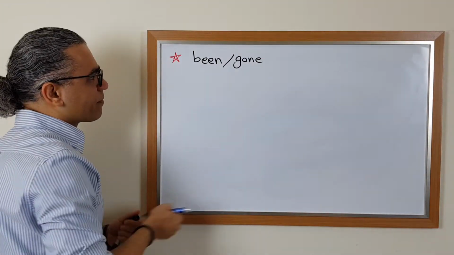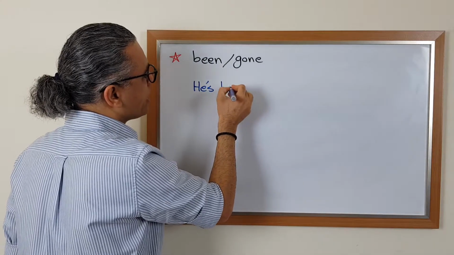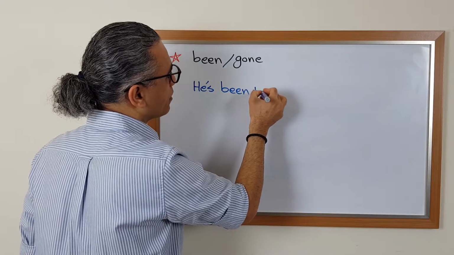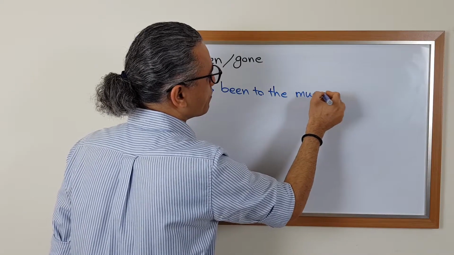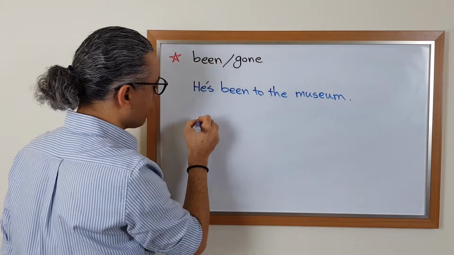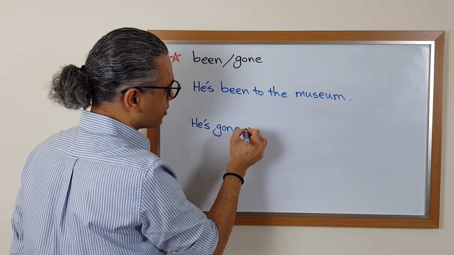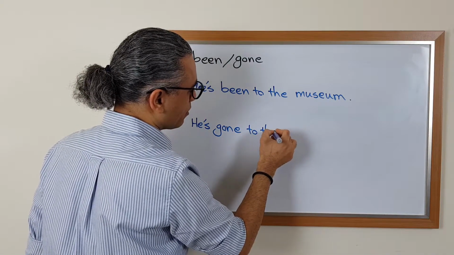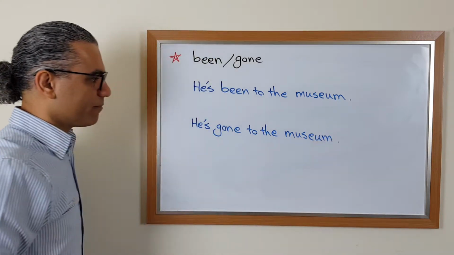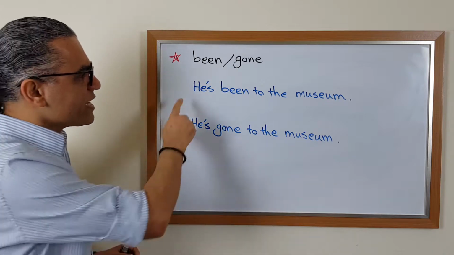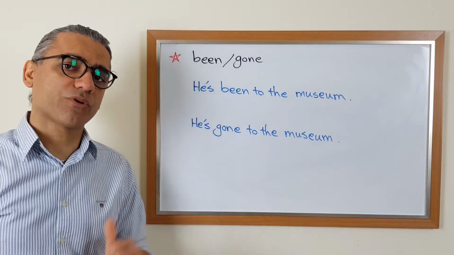When we say he's been to the museum, or he's gone to the museum. When you say he's been to the museum, we talked about present perfect in previous episode, if you remember.